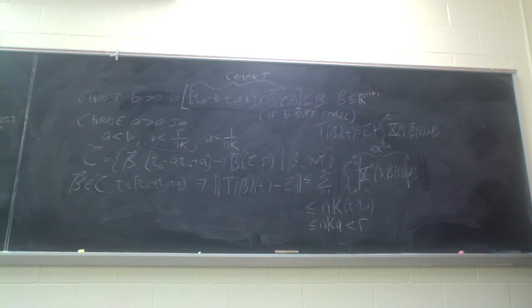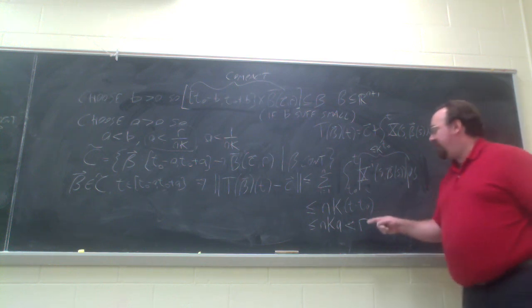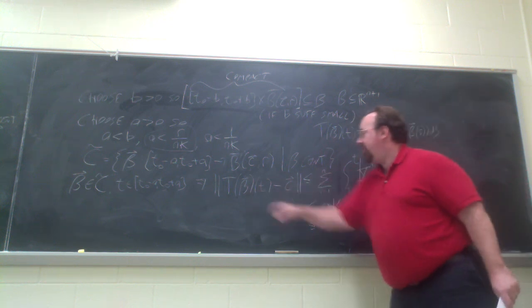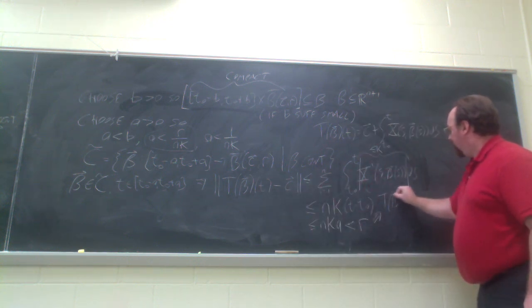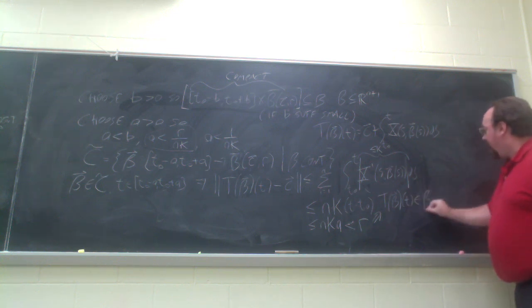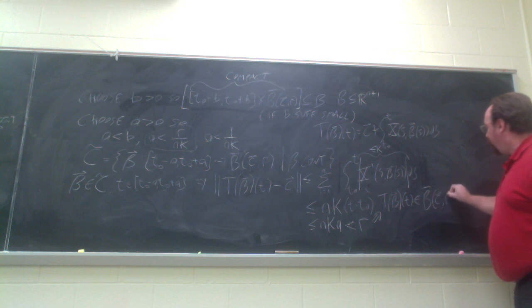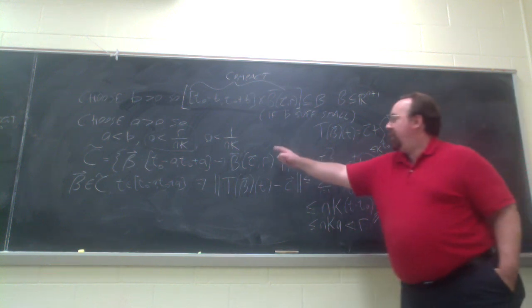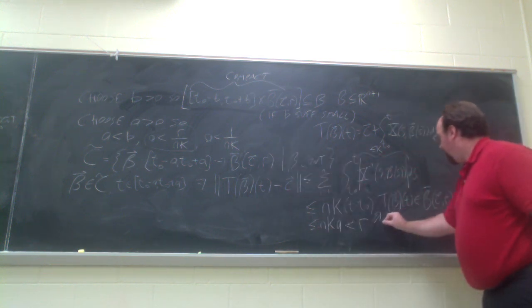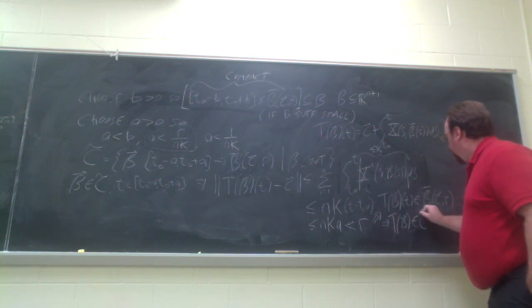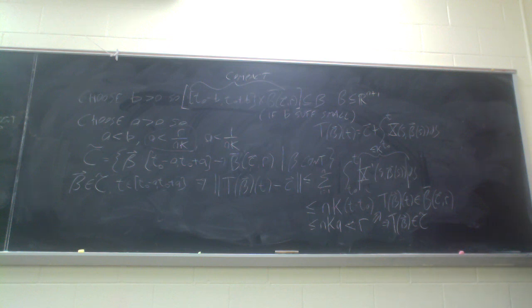Now, what does this actually tell us? Well, it means that this point, T of beta of t, is a point inside our spatial ball. So, therefore, T of beta belongs to C tilde.